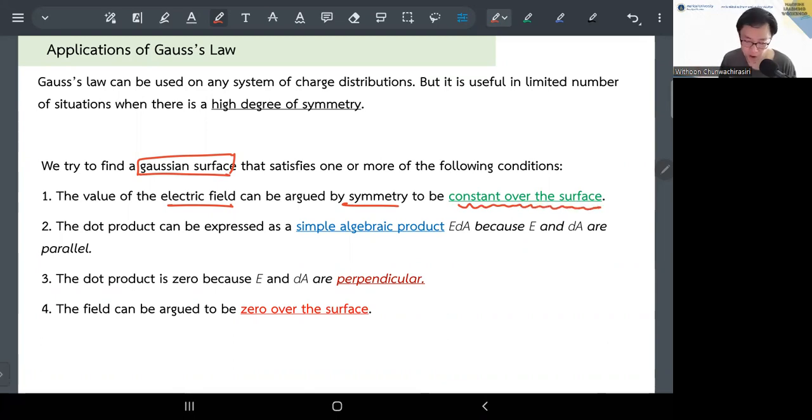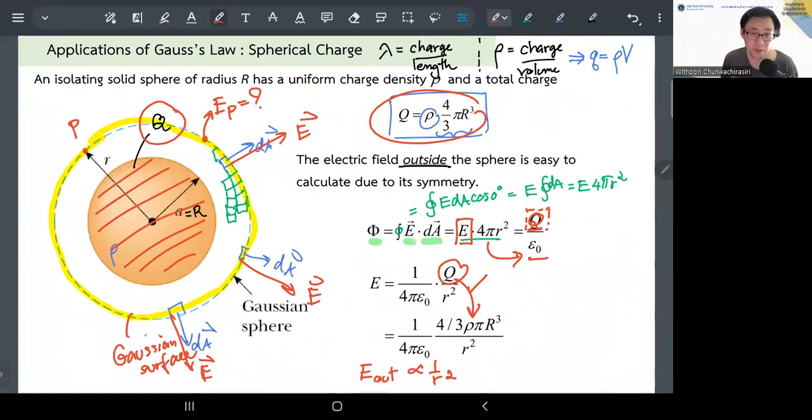The reason we pick a sphere is that the electric field on this sphere has the same magnitude. If you picked a cube, you'd have a hard time, because you don't know the variation of the electric field on the surface of a cube. But a sphere reflects the spherical symmetry of the charge, so you can argue easily that the electric field has the same strength in all directions, because there is no preferred direction.